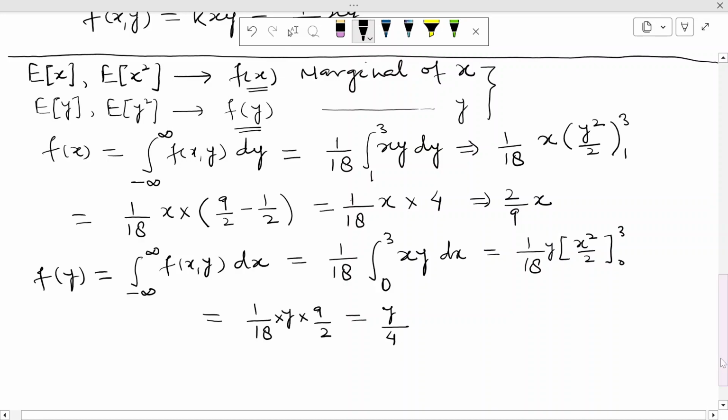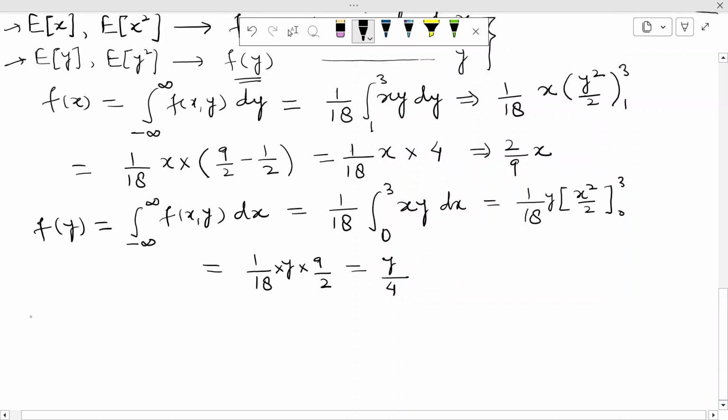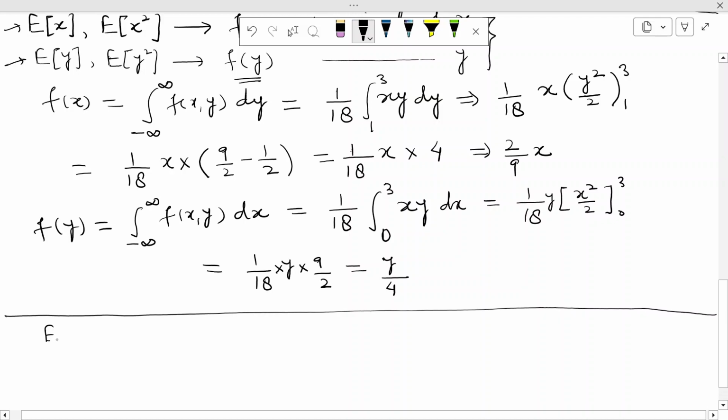So now we have the marginals for both the random variables x and y. So now we can easily find out expectation of x, expectation of y, expectation of x square, and expectation of y square. Okay, so let us begin with the calculation of expectations. First we find out the expectation of x. Again I am first writing the general definition, which is the integral from minus infinity to infinity of x fx dx.